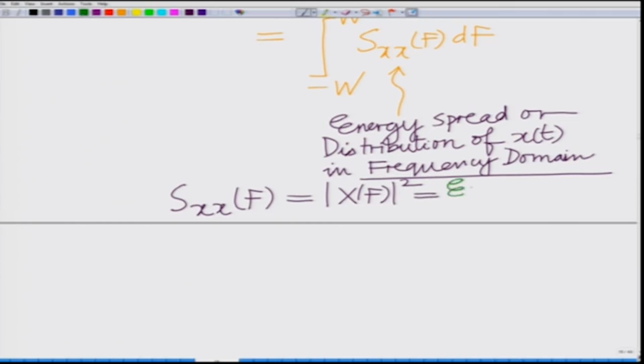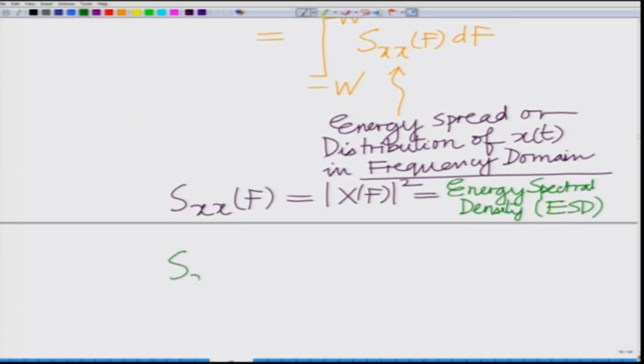So, this is known as the energy spectral density or the ESD.